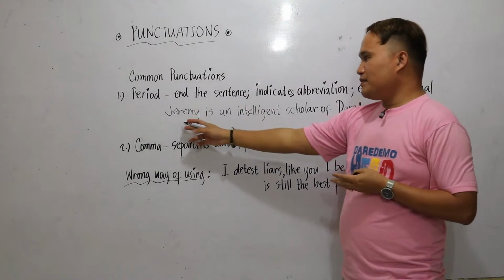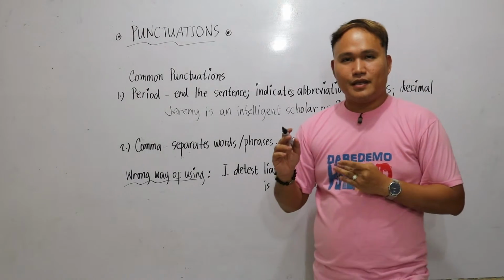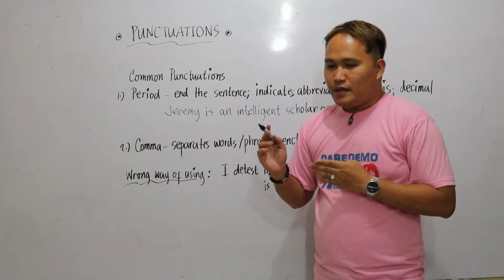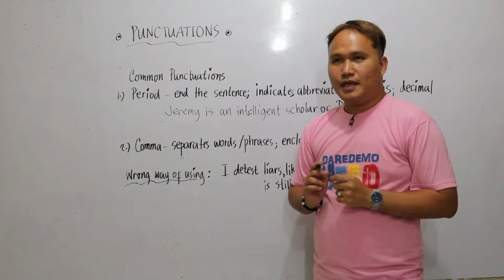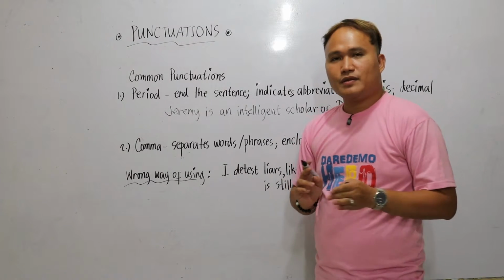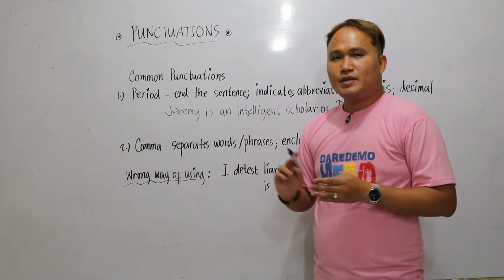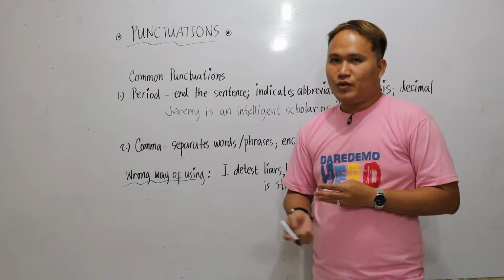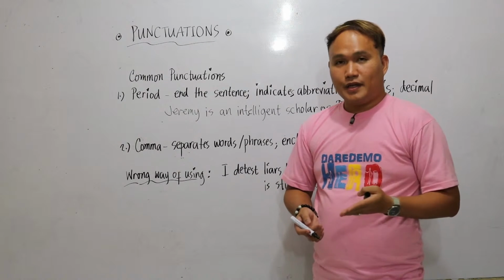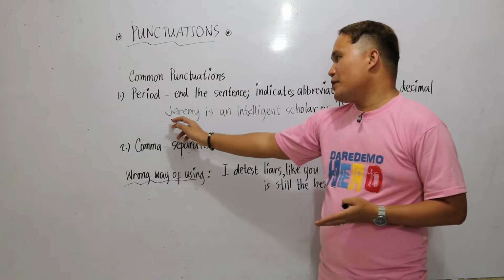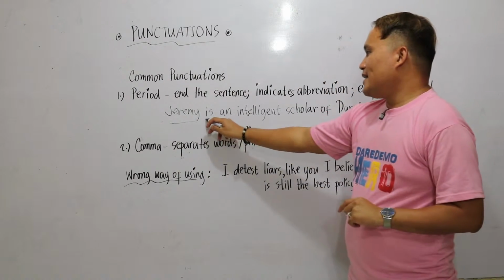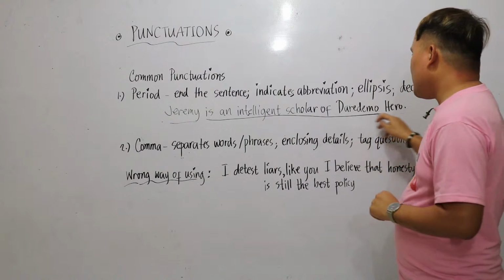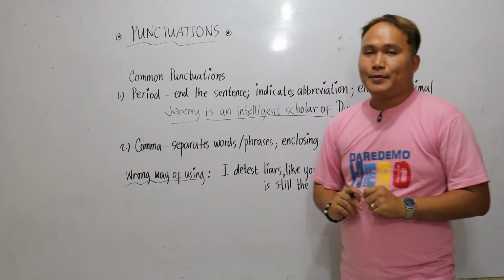This sentence, as we all know, is composed of a subject and a predicate. It could be more than one subject, or more than one predicate. So in this sentence, we have Jeremy as our subject, only 1 subject, and is an intelligent scholar of Daredevil Hero is our complete predicate.